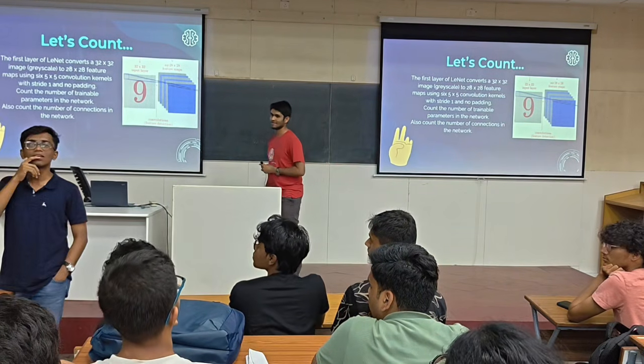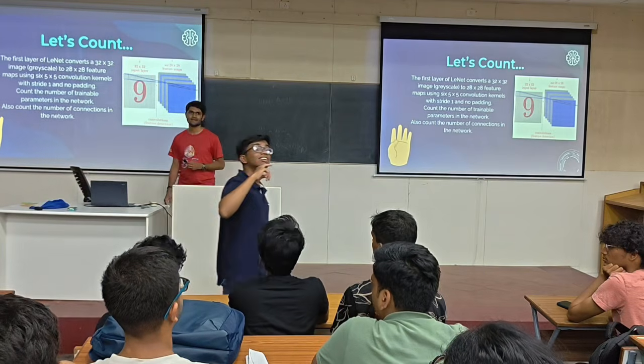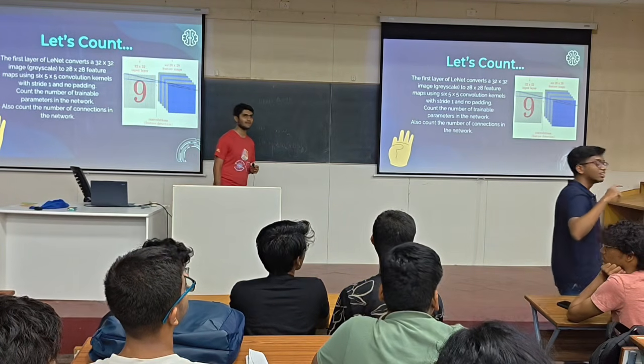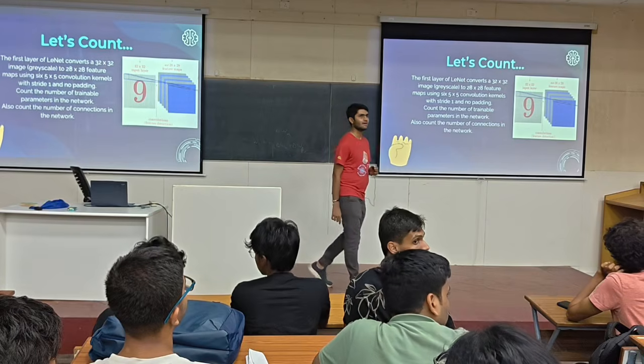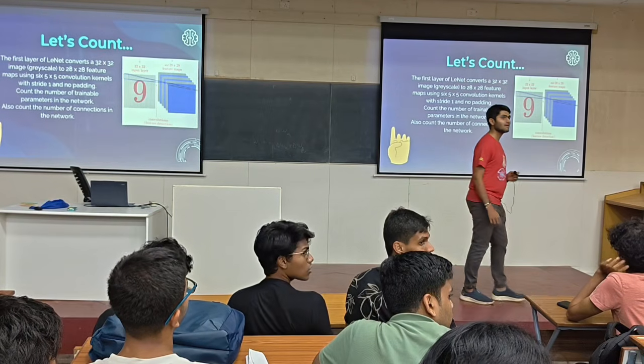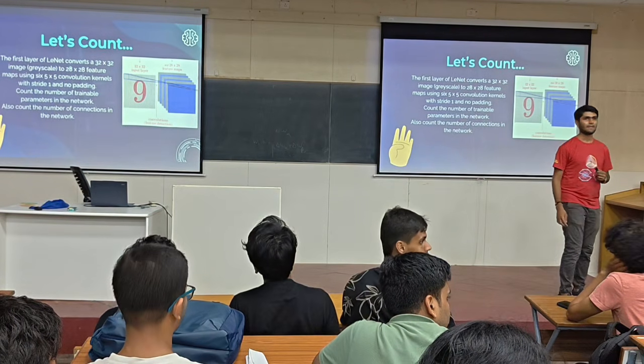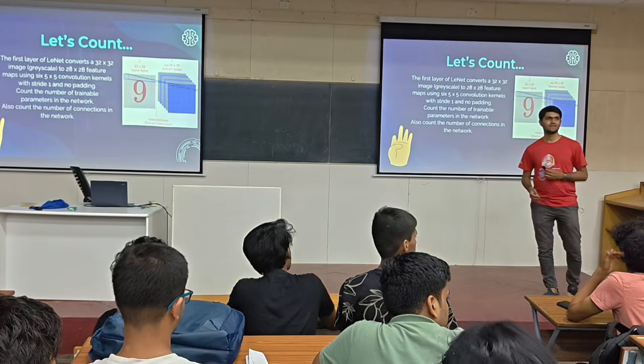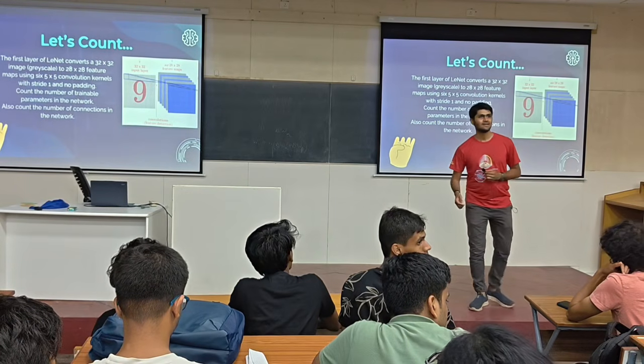No, that is not the answer. Is it 9 cross 9? No, it is not 9 cross 9. 5 cross 5, it is not 5 cross 5. You are missing something.